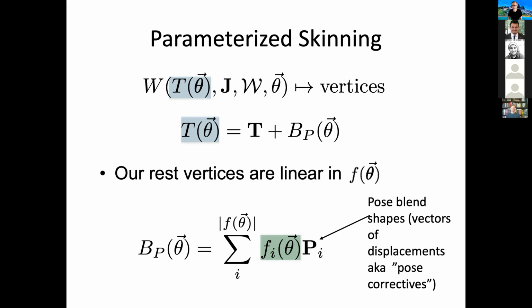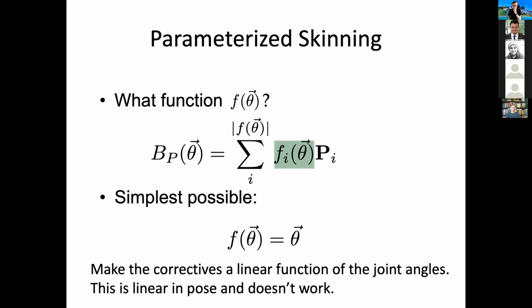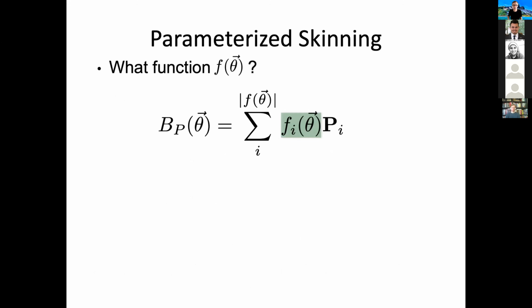The simplest thing you could imagine doing, just as an argument, would be to just take f of theta to be theta itself. So I index that by theta, I take the ith rotation, and I multiply that by P, which I have to learn, and that would not work, it turns out, and I'll show you why. Making the correctives a linear function of the joint angles doesn't work.